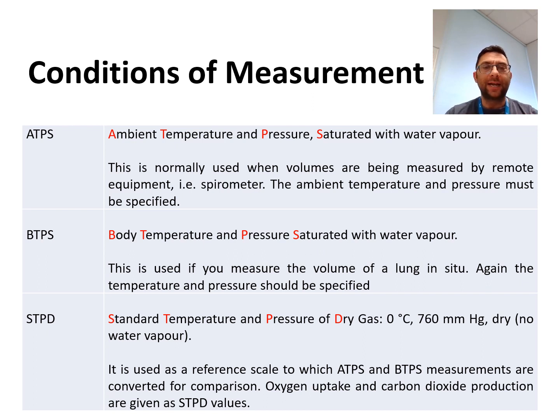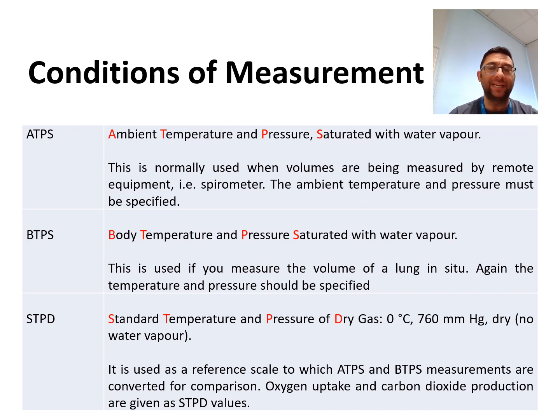And then the third one, arguably the more important one, is STPD, so standard temperature and pressure of dry gas. Okay, so you'll see on the next couple of slides, when we start to go through these calculations, all respiratory gases ultimately need to be expressed in STPD values. Okay, so they need to be converted.